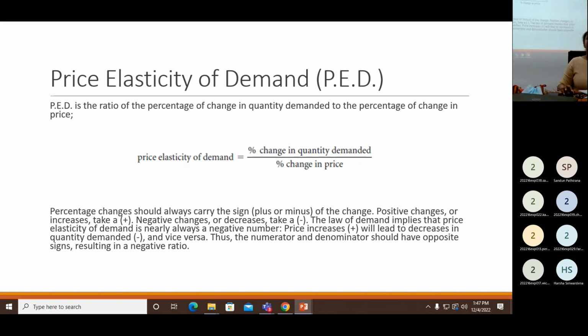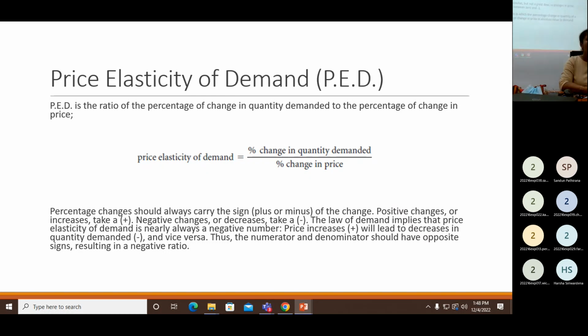Okay. For example, let's say your price changed by 5 rupees, but your quantity demanded reduces by, let's say, 1,000 units. For a 5 rupee change, a 1,000 unit drop. That means quantity demanded has responded so much even for a slight change in price. That means it's elastic.